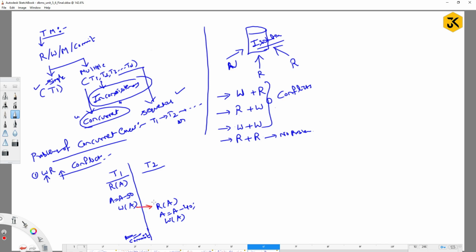Why will it be a problem? Suppose these transactions executed completely, and at this point of time there is a failure, some network problem or hardware problem, whatever it may be. Then, according to the transaction states, we simply roll back.